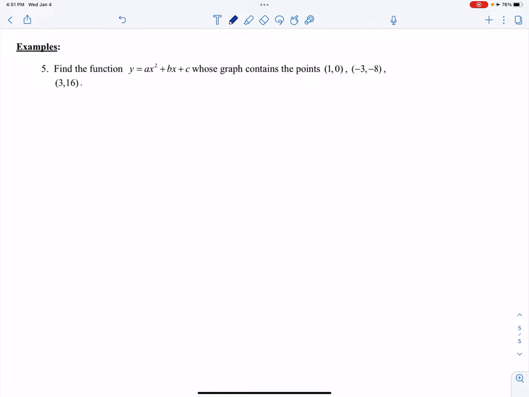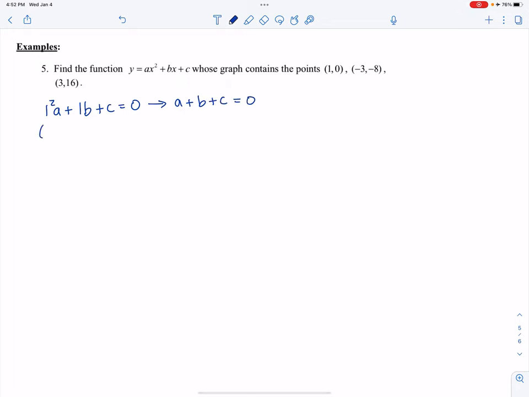Okay, our last example for today. Find the function y equals ax squared plus bx plus c whose graph contains the points 1, 0, -3, -8, and 3, 16. So if I plug in these values, we will get 1 squared a plus 1b plus c equals 0, which is just a plus b plus c equals 0.